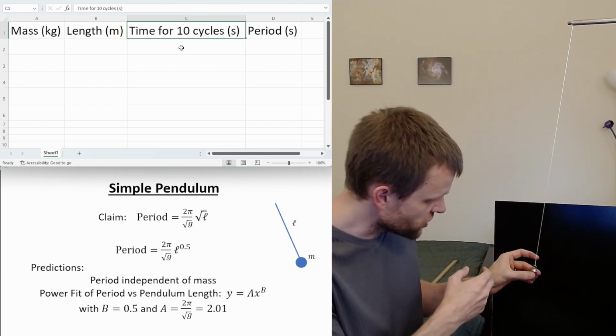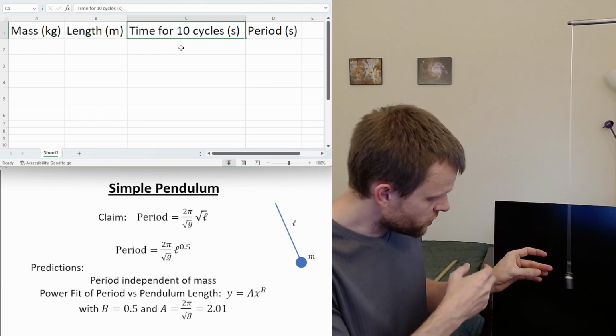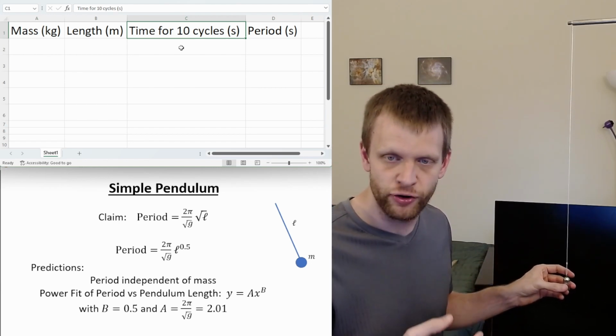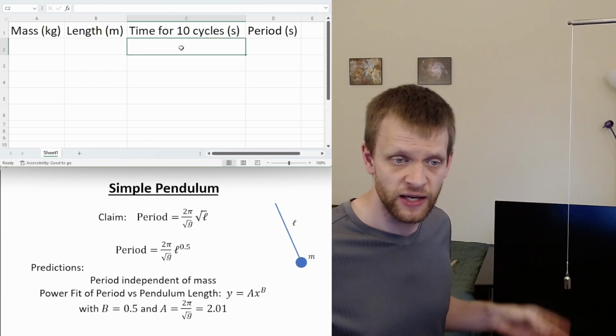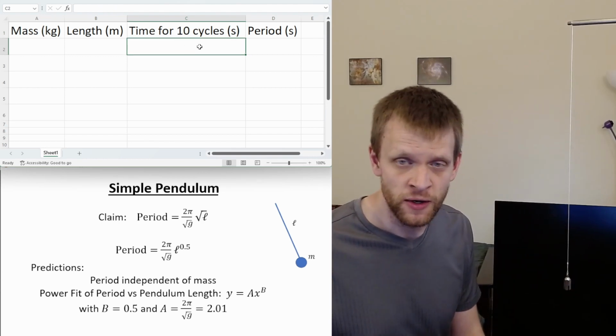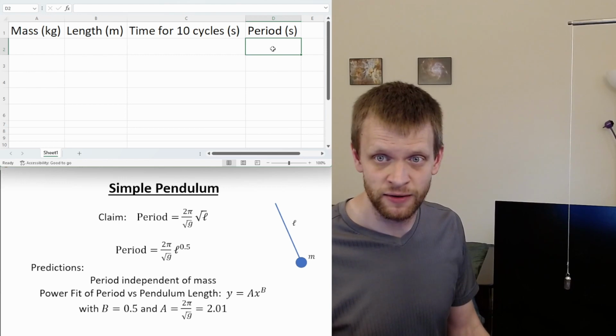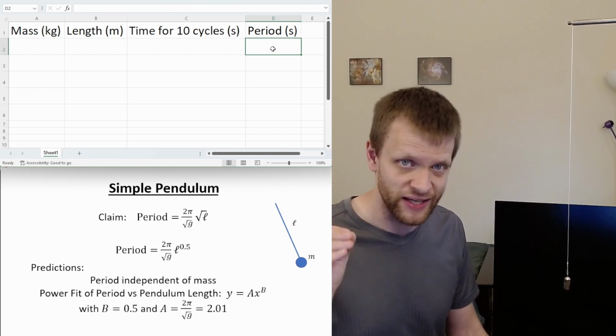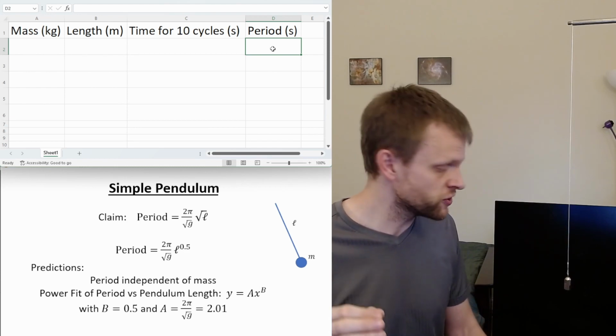If I know the time for 10 cycles, I just divide that by 10 to get how long it takes to go through one cycle. And that should give us a much more accurate result.